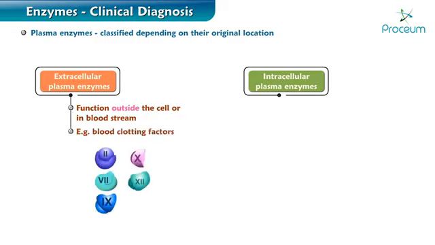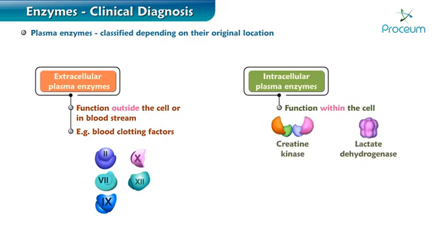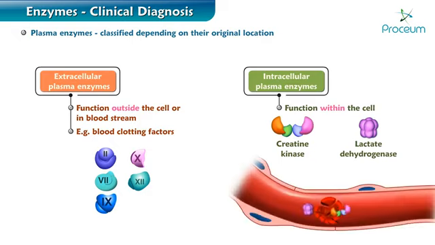For example, blood clotting factors. Intracellular enzymes are the enzymes which have functions within the cell, like creatine kinase and lactate dehydrogenase. Intracellular enzymes find their way into the bloodstream when the cell dies or the cell membrane is damaged.